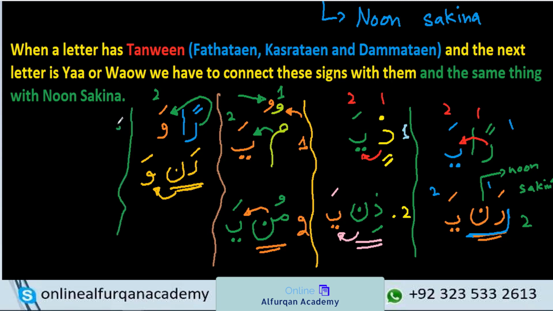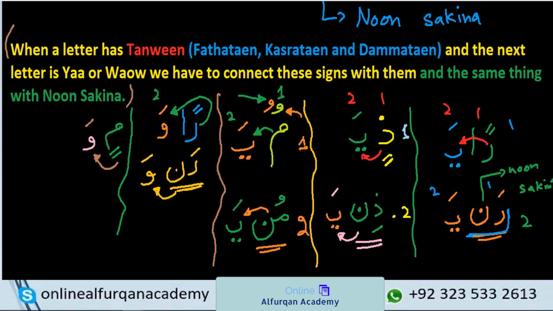And same thing with Kasratain. For example, we have letter Mim with Kasratain, and the next letter Waw is coming. So we have to connect this Min sound with Waw. Obviously letter Waw has no connecting sign, but we have to connect. That's the rule, what you can see here. So now the sound becomes Mew, and right now Waw has Fatha, so it becomes Mewa.